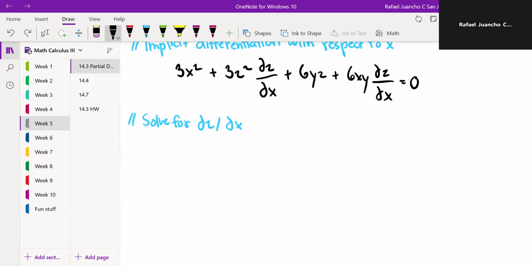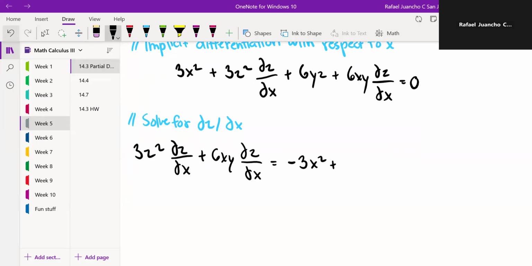So if we want to put them all on one side, I would say 3z squared, then my partial here, then I add, then my partial. Then this is equal to, I don't know, negative of everything, because here I want to put them all on one side.